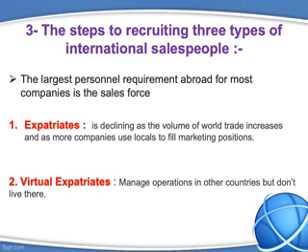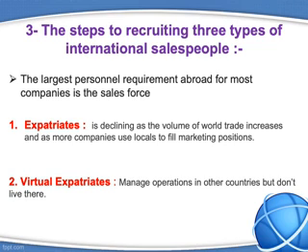Okay, let me draw your attention to the third point, which is related to the steps to recruiting three types of international salespeople. And the largest personnel requirement abroad for most companies is the sales force.